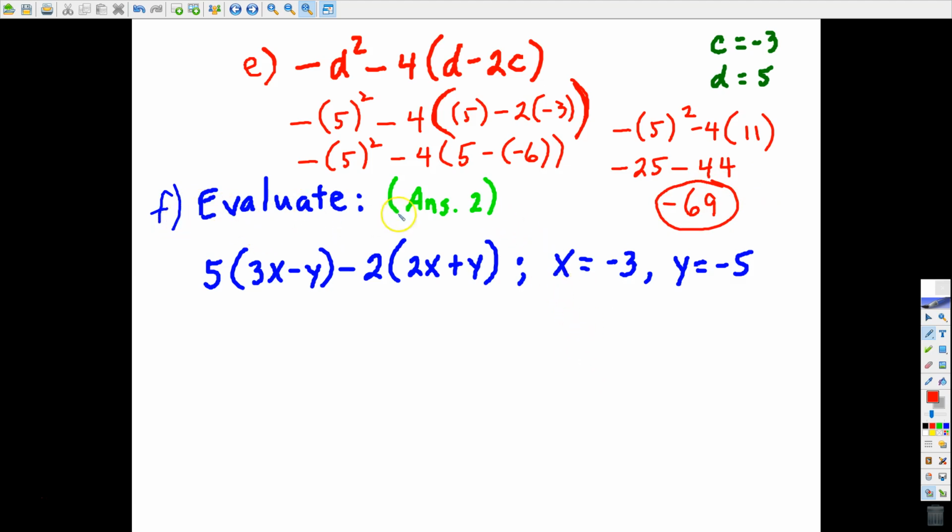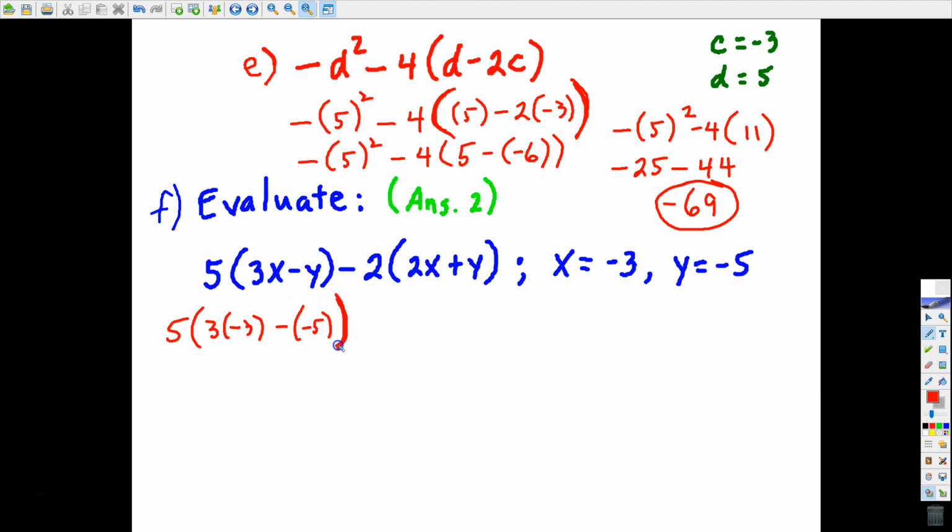And then letter F, I went ahead and gave you the answer. I gave this to the class to work by themselves. I'll just go ahead and work this one for you. So I'm going to replace x with -3. And I'm going to replace y with -5.